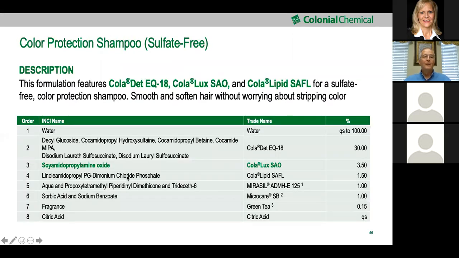There we go. So here's an example of a color protection shampoo with the Colux. In a color protection shampoo, you would want something that's not going to be very stripping and pull all the color out of your hair. And so you wouldn't want to have a lot of sulfate-based surfactants as an example. So here's a very good example of a good color protection shampoo with the Colux providing great thickening attributes.